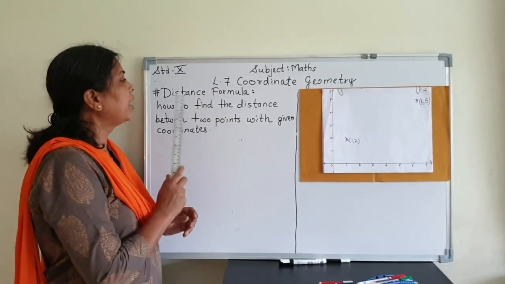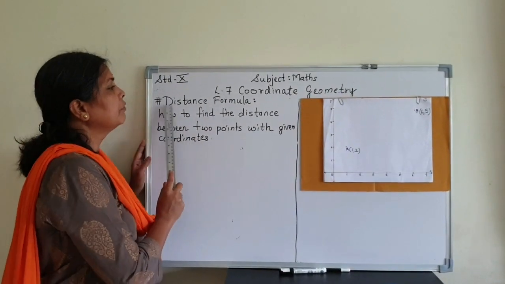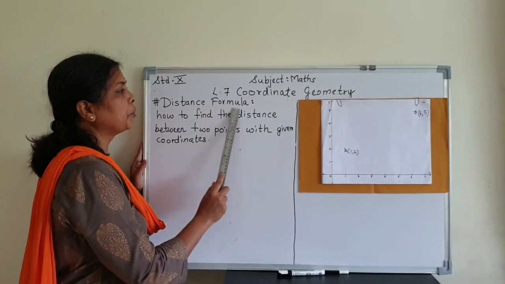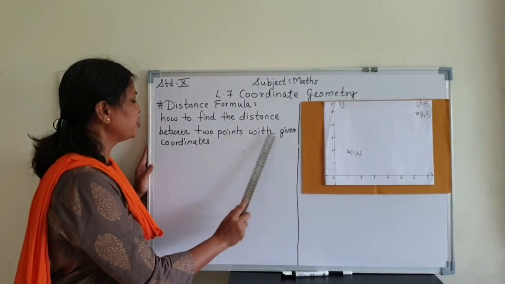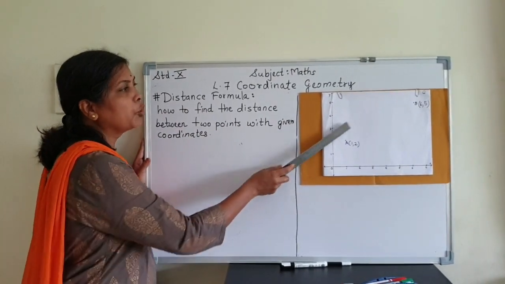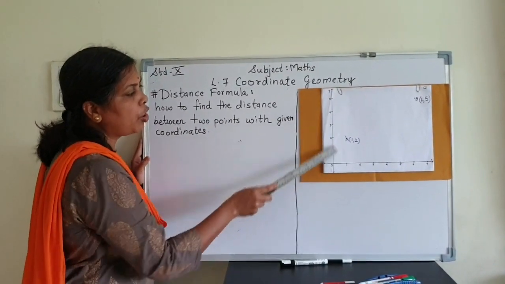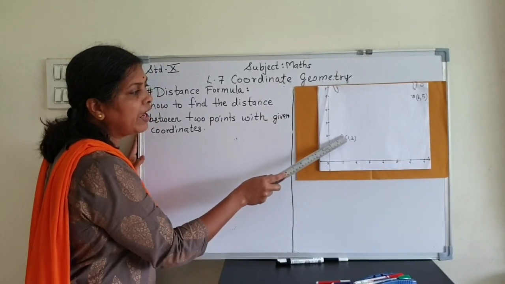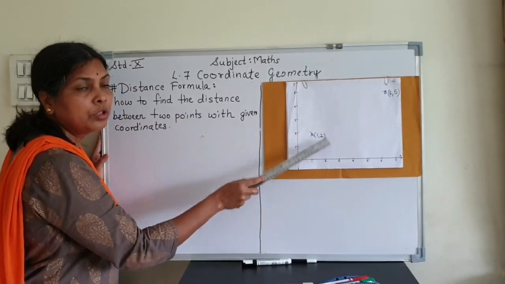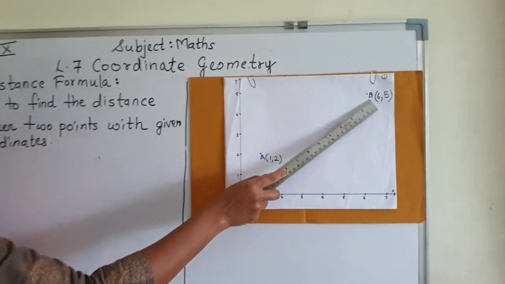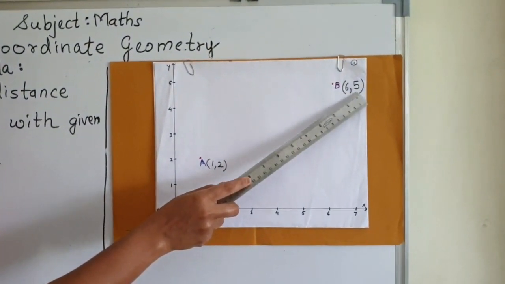As I told you earlier that we are using the distance formula to find the distance between 2 points with given coordinates. Now you can see here I have drawn a coordinate plane and I have plotted here point A with coordinates 1, 2 and point B with coordinates 6, 5.